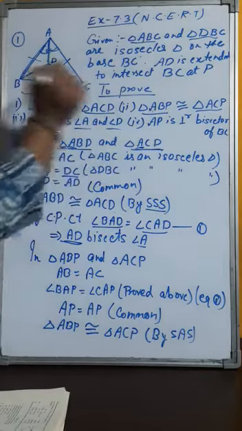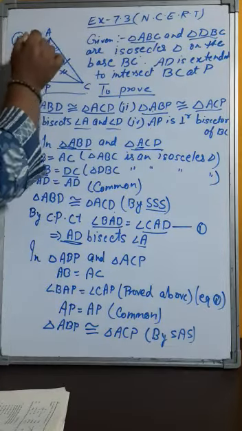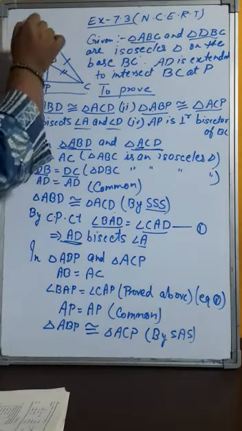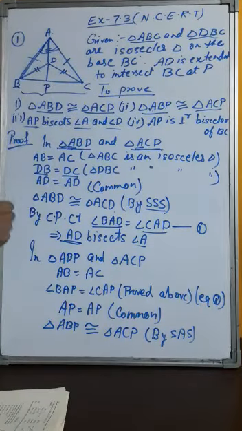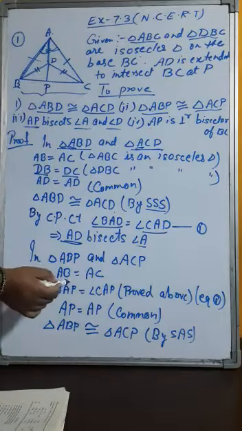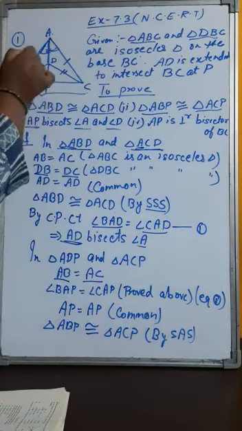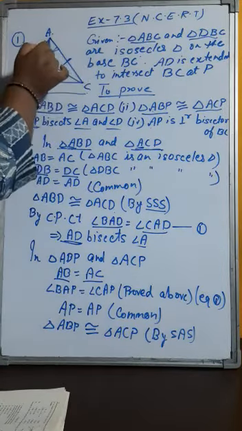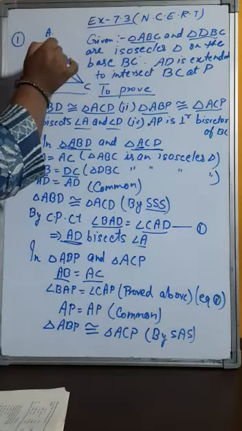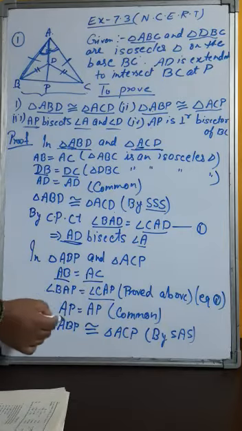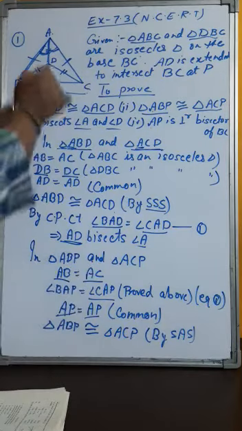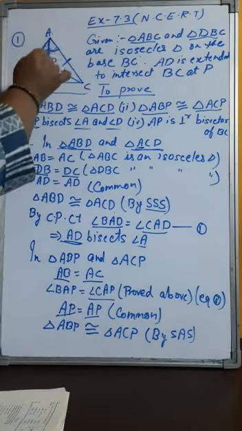Now the second thing which we have to prove is triangle ABP congruent to triangle ACP. You see here properly, AB is given equal to AC, angle BAP is equal to angle CAP, and also AP is equal to AP, which is common in both triangles.